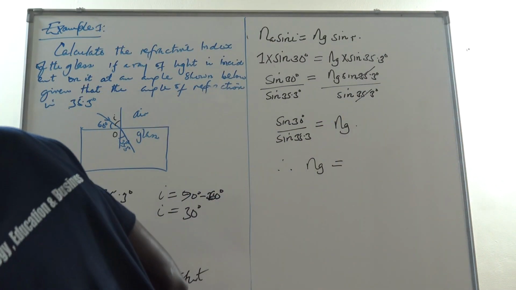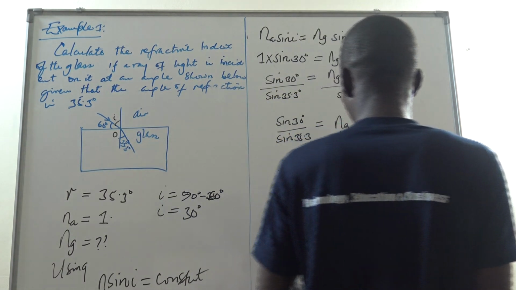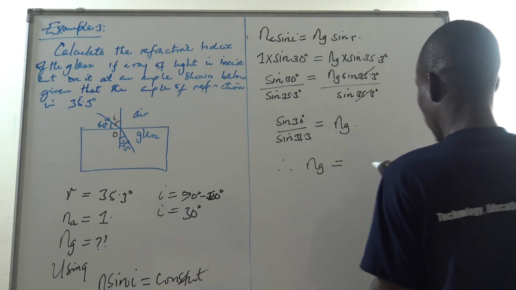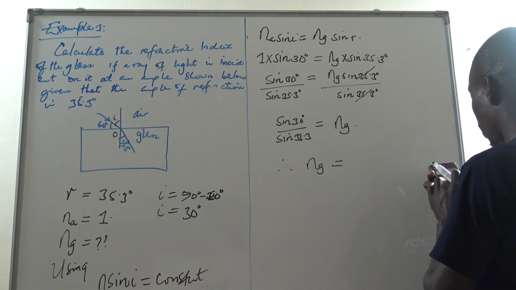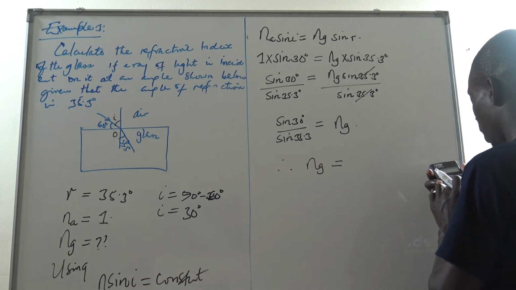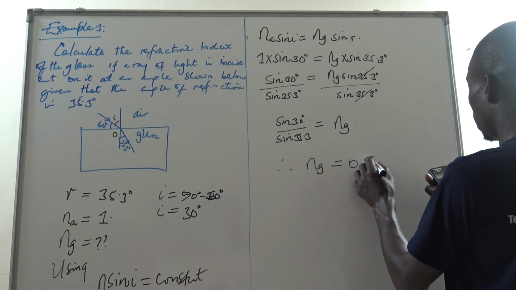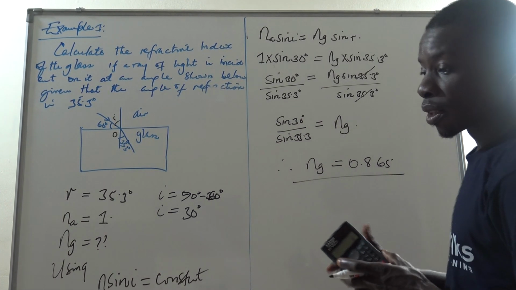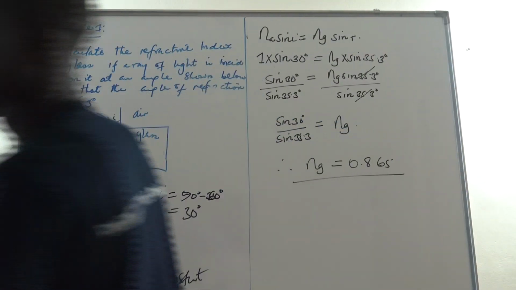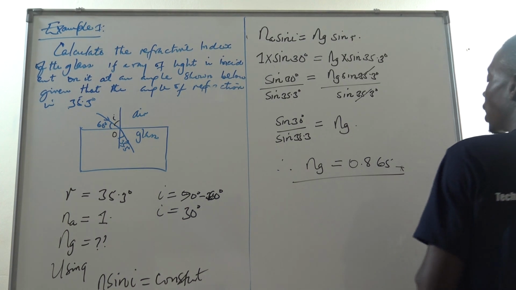0.86. This is a very big value for a refractive index. Sin 30 divided by sin 35.3 is giving me 0.865. By calculation, yes, this is the answer, but practically the refractive index of glass is higher than this.